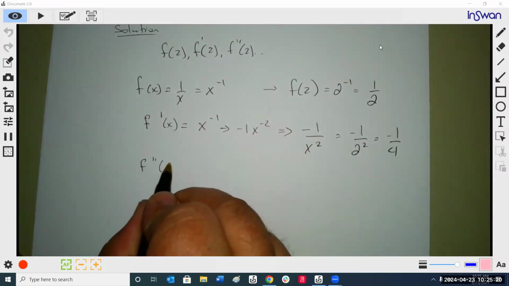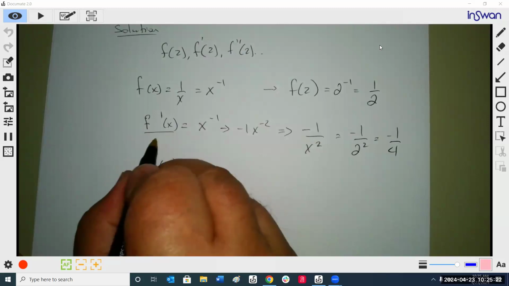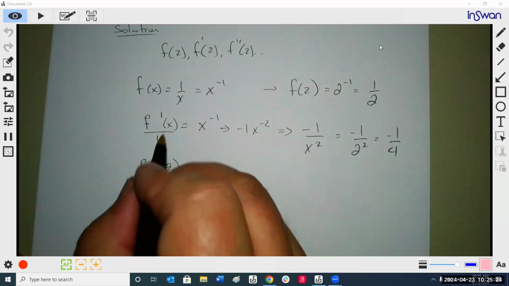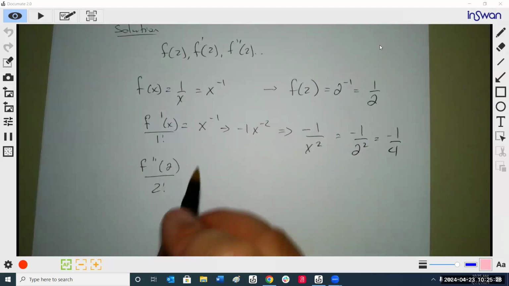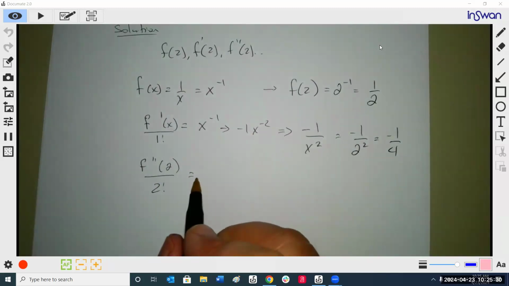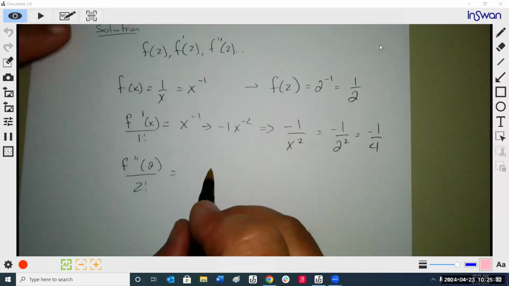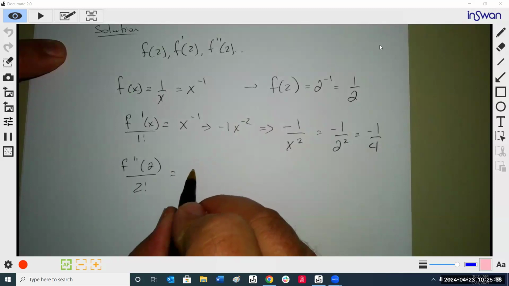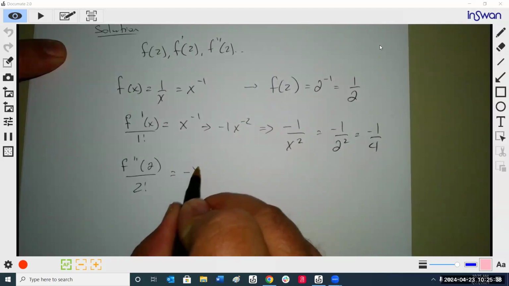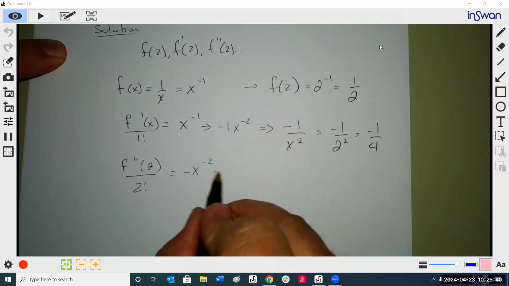The second derivative: the first derivative is negative x to the negative 2.